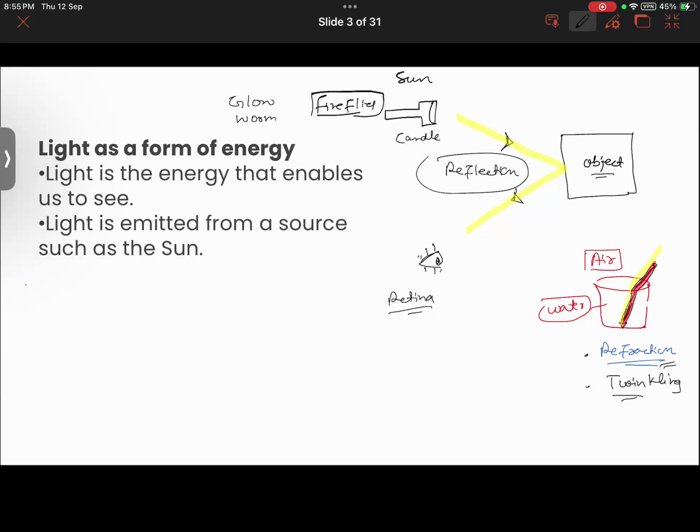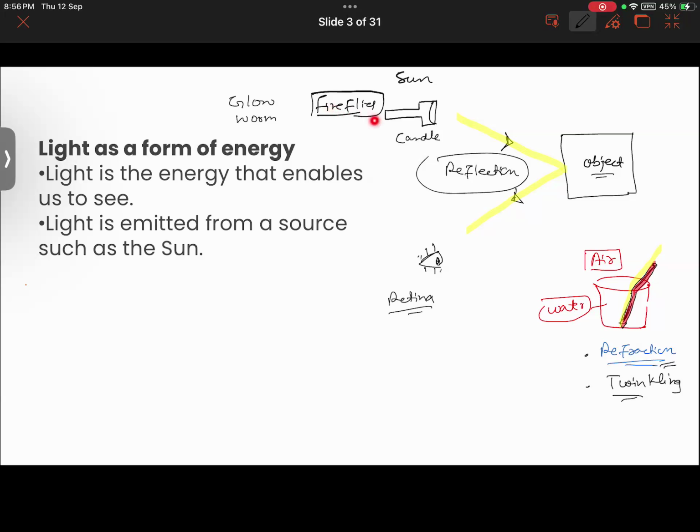Have you thought about what makes the firefly glow? Actually, they glow because some chemical reaction takes place in their body, because of which light is produced.